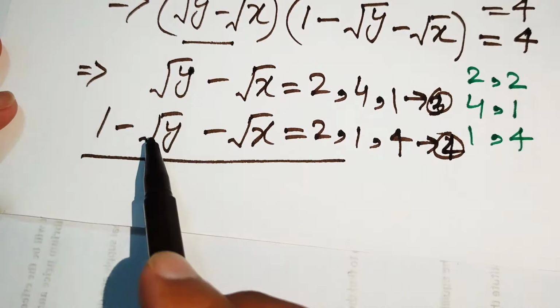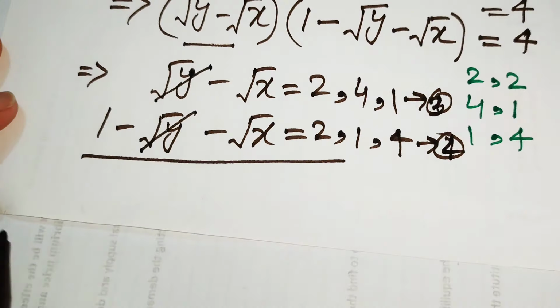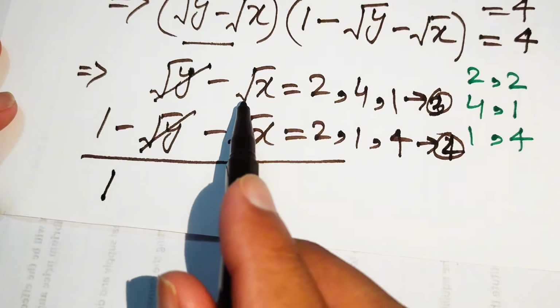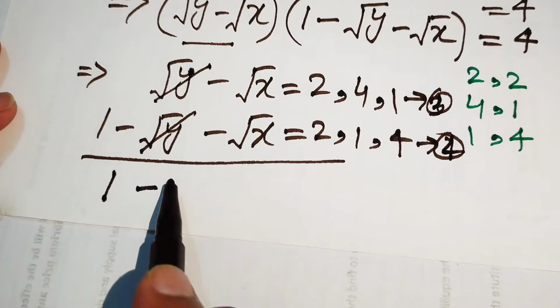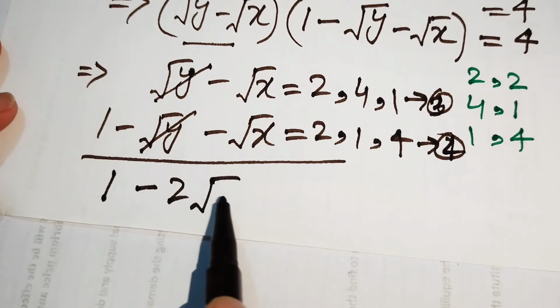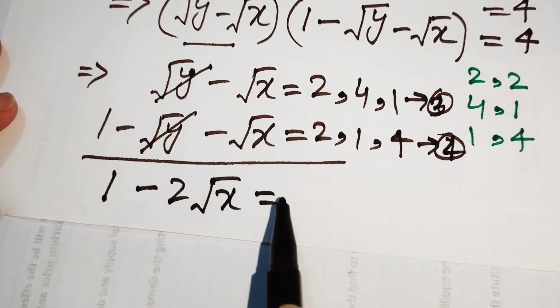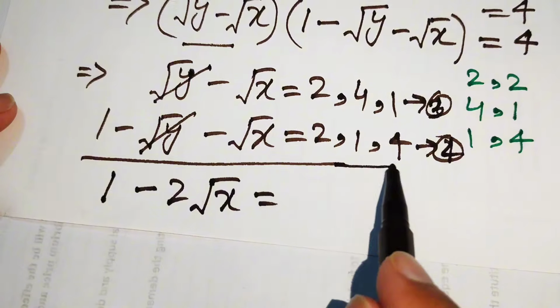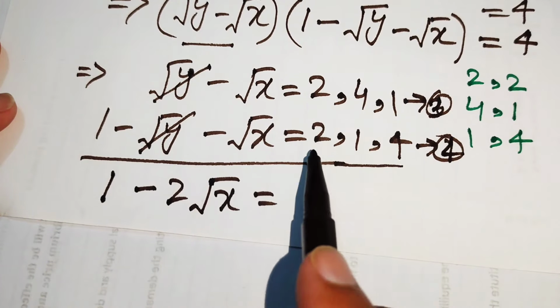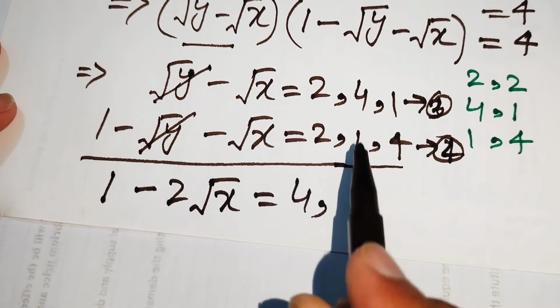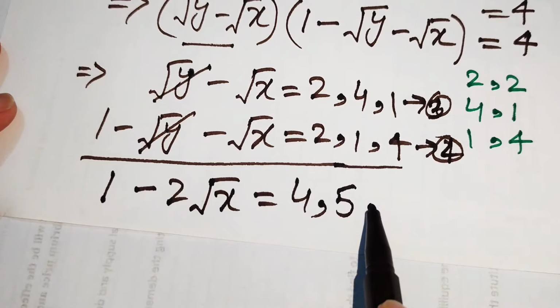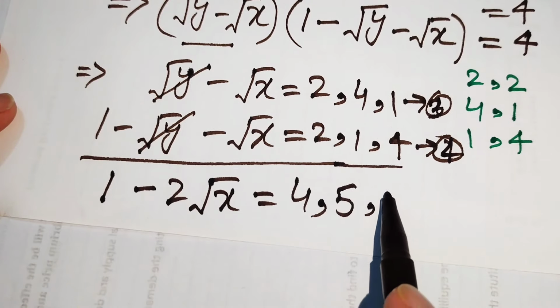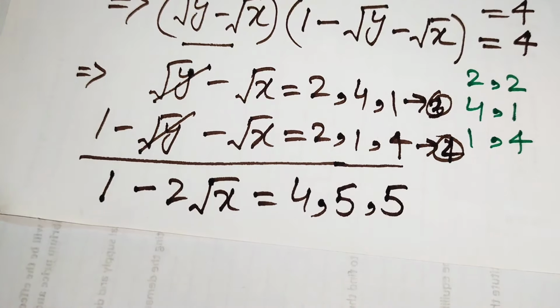When you add these two equations, you see here positive y and negative y cancel each other, and these two are the same values. It is written as minus 2 square root of x. Because when we add these values, you get 2 plus 2 is 4, 4 plus 1 is 5, and 1 plus 4 is also 5.